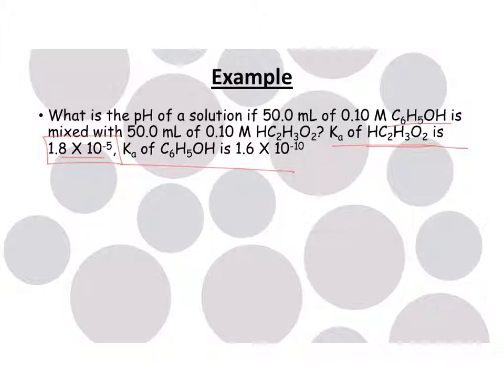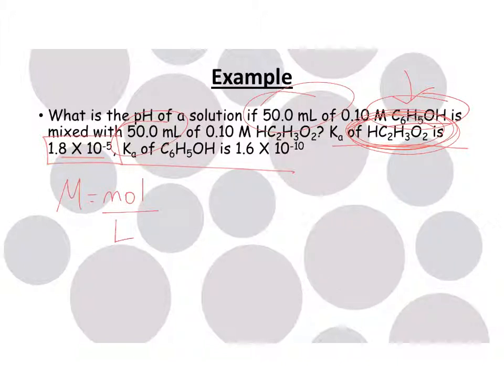However, because we added the additional 50 mils of this phenol, that is going to change the concentration of the original acetic in solution. Okay, so we need to do the same thing that we've been doing. Let me find out how many moles of acetic acid I'm going to have.